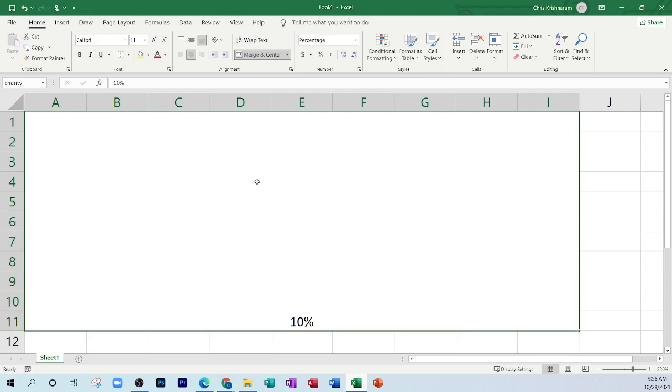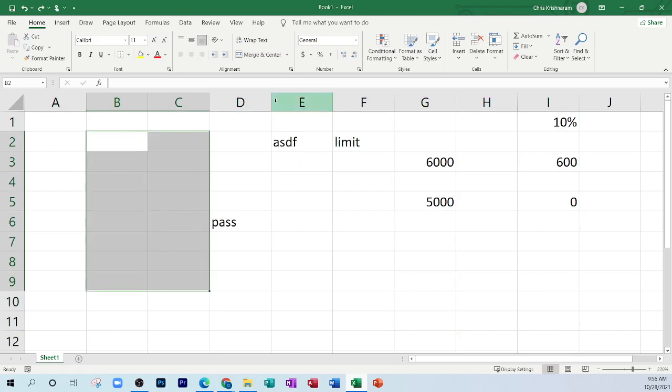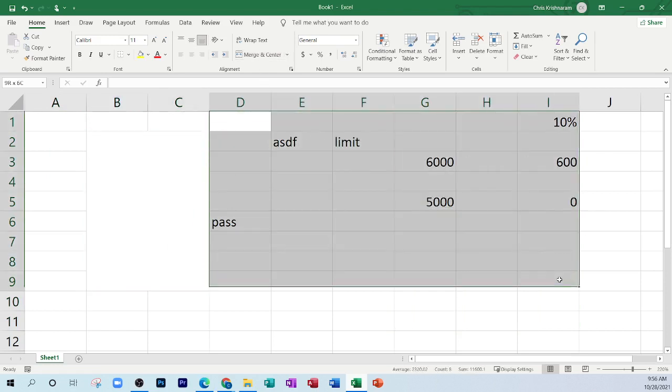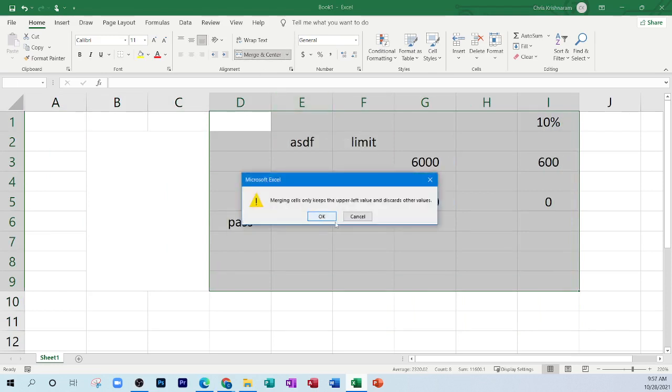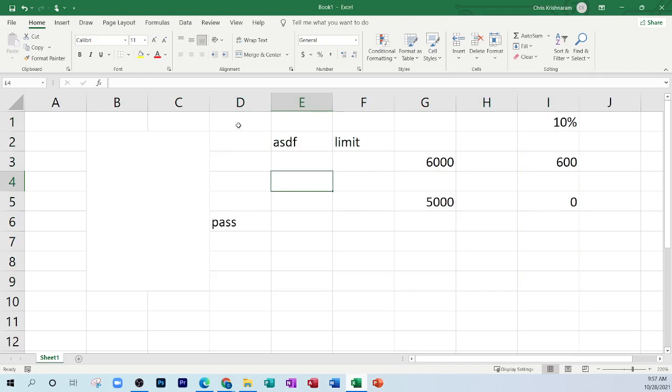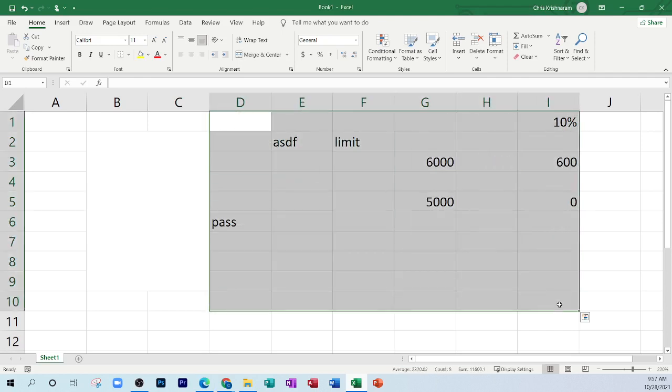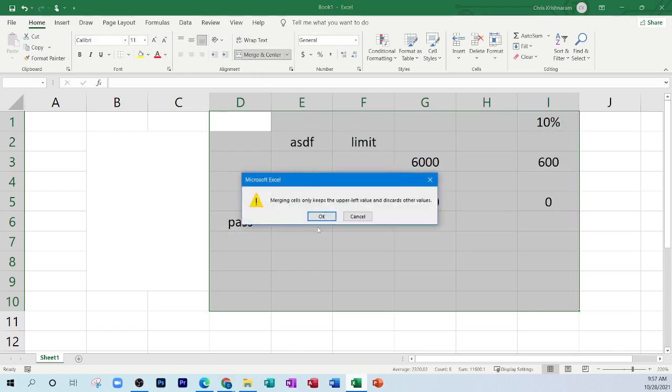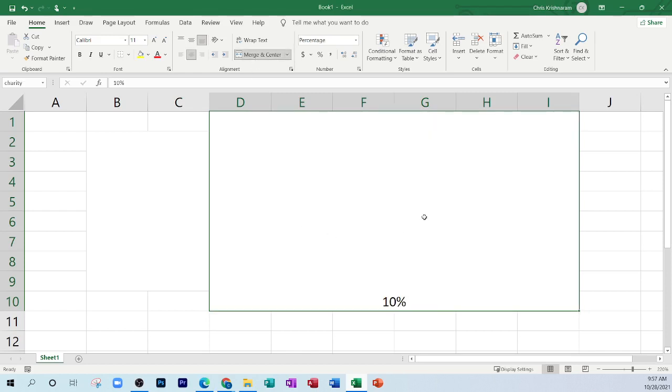So you basically highlight what you want, select merge and center, but when you're highlighting cells with data, you will get that error message. So you have to ensure what you're highlighting doesn't have any important data inside of it. Otherwise, it's going to delete it and only keep one piece of data.